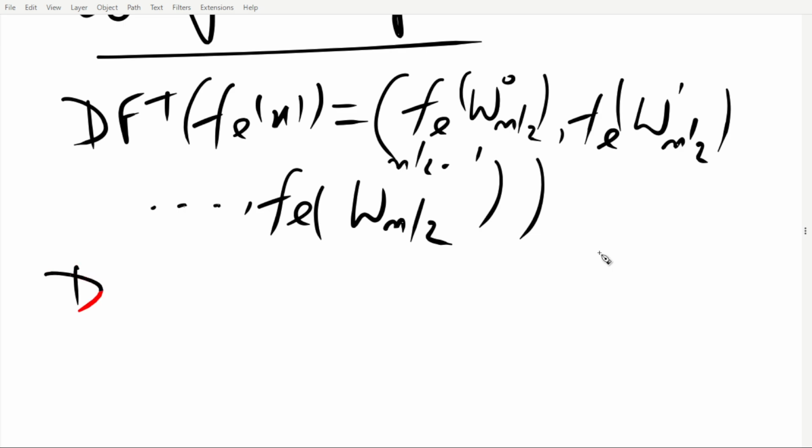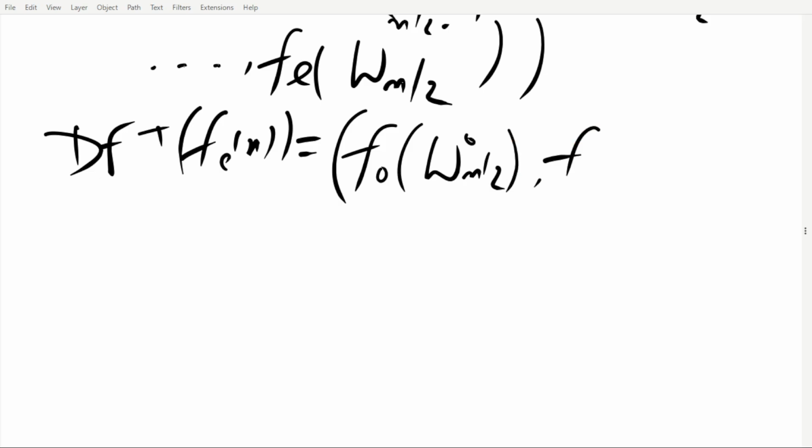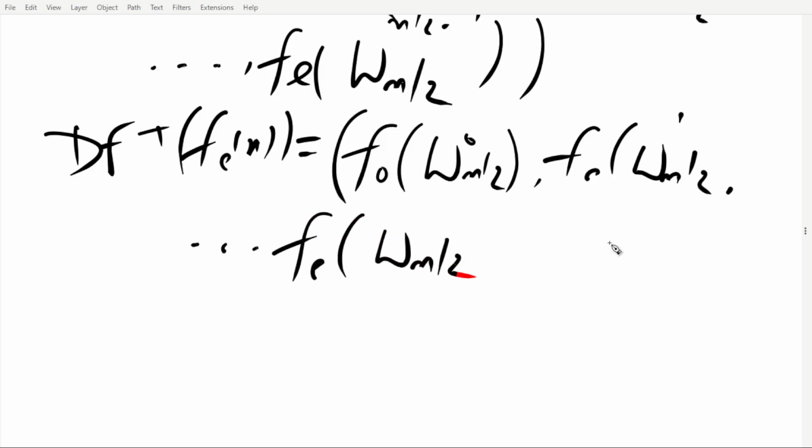Similarly, DFT of FO(x), write their values. We get very similar values. FO evaluated at omega n by 2 to the power 0, FO evaluated at omega n by 2 to the power 1, continue up to FO evaluated at omega n by 2 to the power n by 2 minus 1.